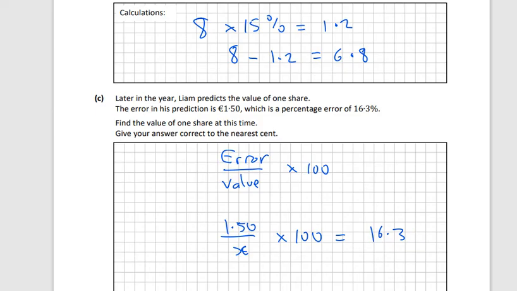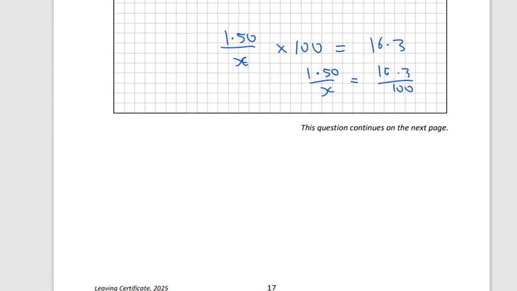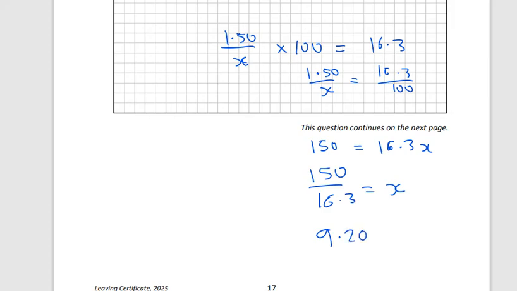So 150 over x times 100 equals 16.3. If I bring across the 100 and divide, I get 150 over x equals 16.3 over 100. If we cross multiply, it's always the easiest, you'll get 150 is equal to 16.3x. Then divide by 16.3 and that will be equal to x. When we round it off, it's 920.